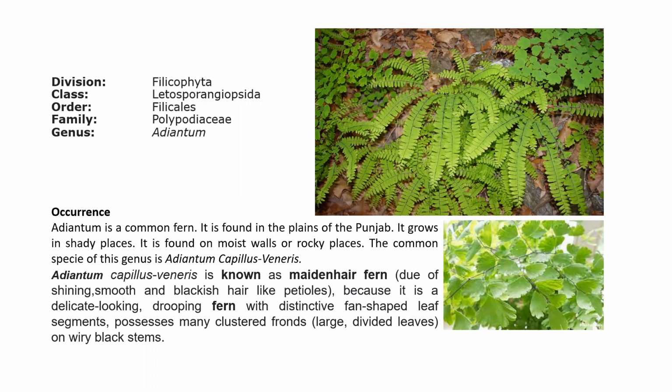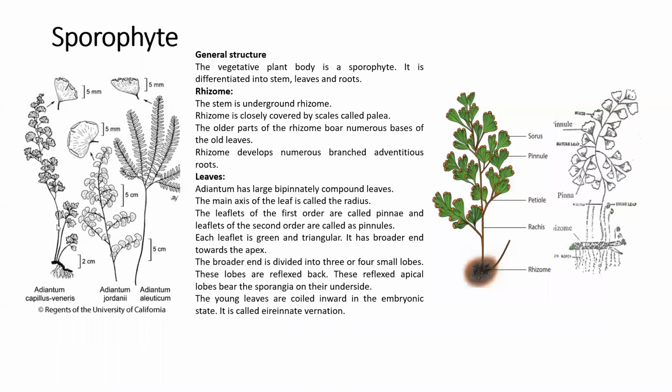In the first figure there are three pictures of the sporophyte, and all these three pictures vary from each other in their leaf structures and arrangements of leaves. There are three different species: Adiantum capillus-veneris, Adiantum jordanii, Adiantum electum.